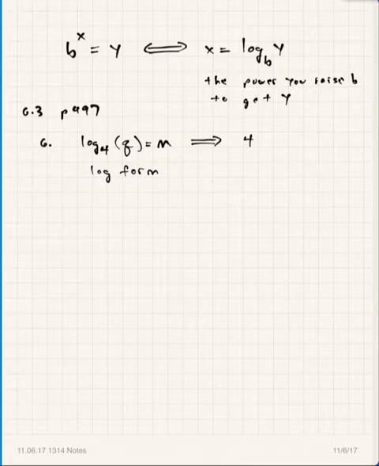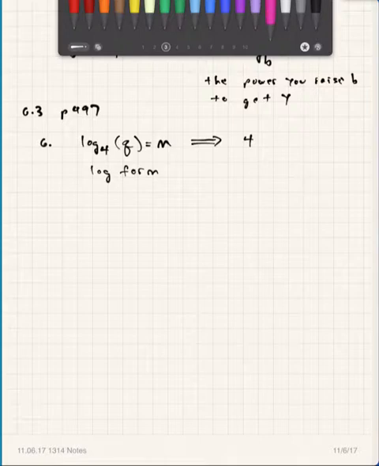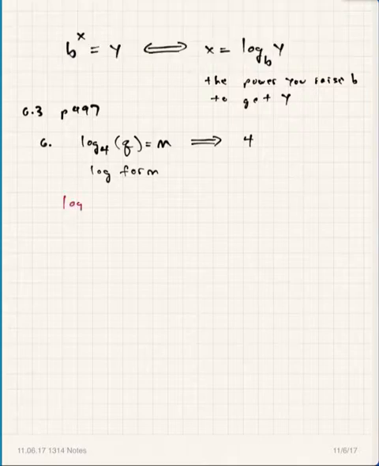And then don't forget that the logarithm is always equal to the exponent. So you have a log with base b, let's say, but it's always going to be equal to the exponent. A logarithm really is an exponent. It's just another way of writing an exponent.